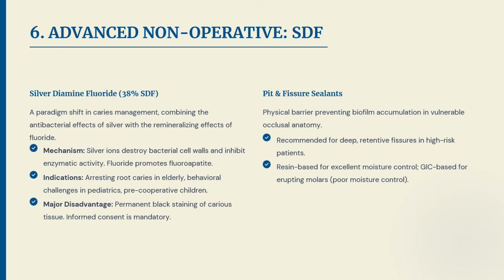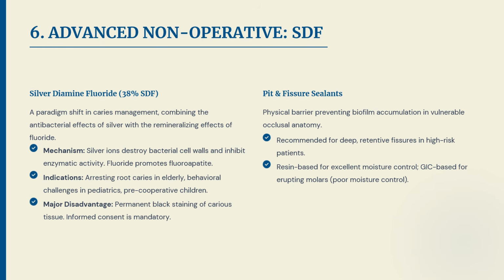So silver is actually having the antibacterial effect, and then fluoride is the remineralizing agent there. So how is silver acting? Silver ions destroy the cell walls and inhibit enzymatic activity, and fluoride promotes fluorapatite. So that's the mechanism of action.